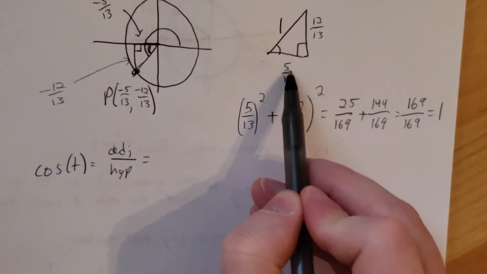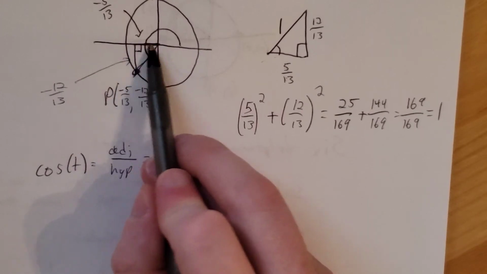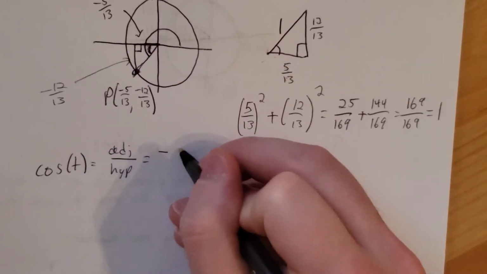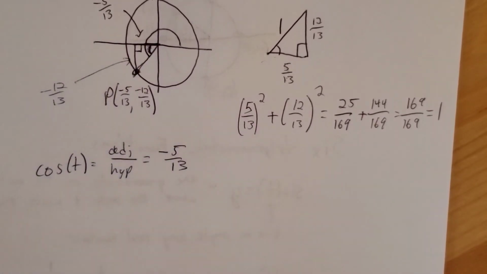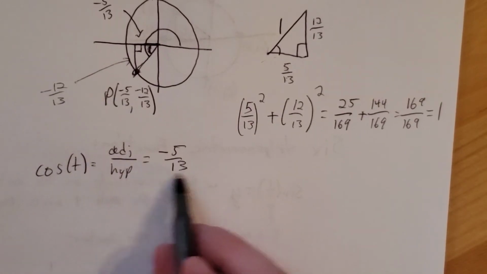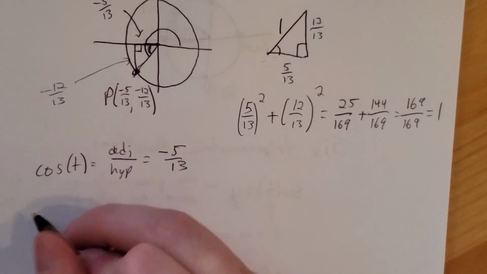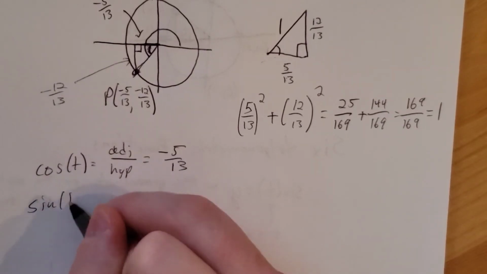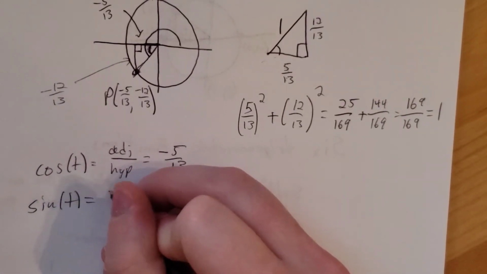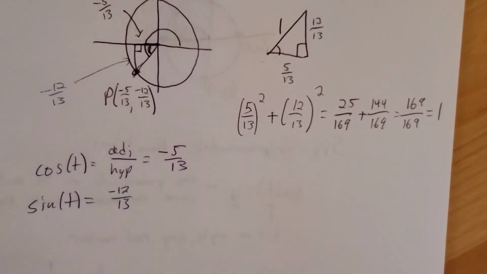So the adjacent side is 5/13, except it was actually negative 5/13, right? So we get negative 5/13. And of course the hypotenuse is 1, so it's negative 5/13 over 1. I just didn't write that. If we follow along the same logic here, sine of t is negative 12/13. And now we can use the previous thing that we wrote down, which you can go back and look at if you need, to fill out the other 4.